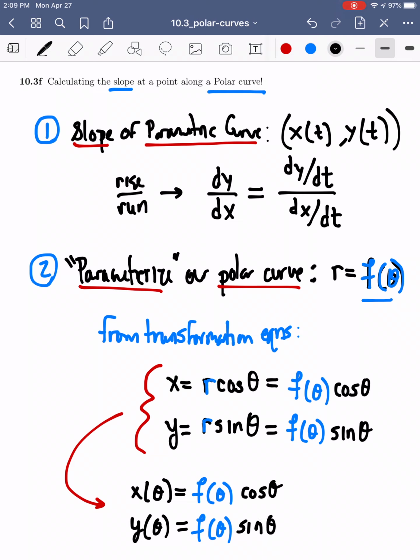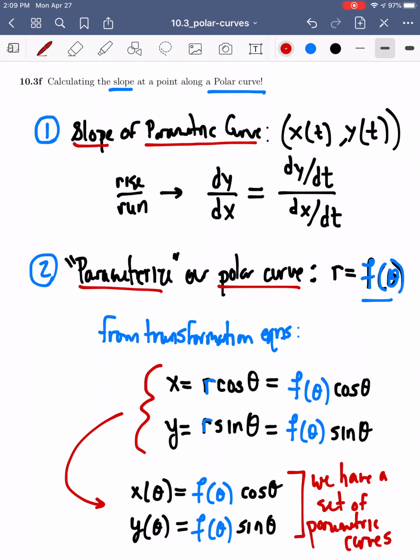And once we have done this, we have a set of parametric equations now.